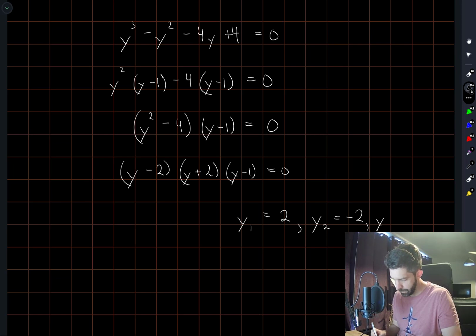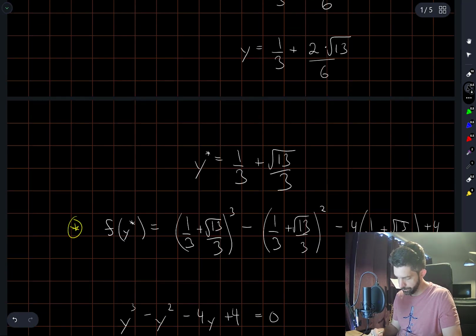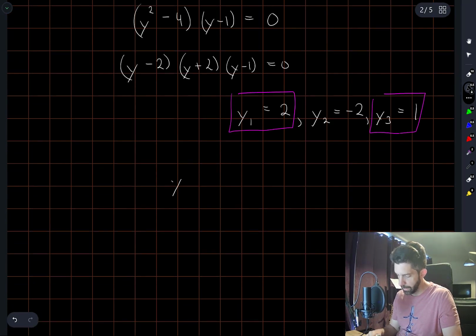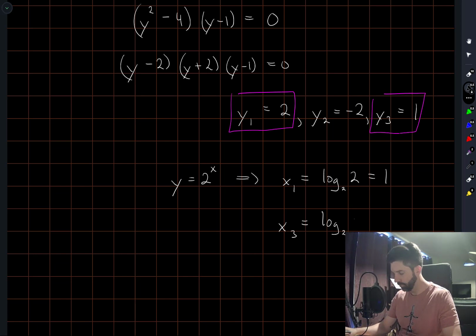The ones I'm concerned with are 2 and 1 because remember that y is equal to 2 to the x. So I have x1 is equal to log base 2 of 2, which is in fact just 1. And I'll call it x3 just so the subscripts on x's and y's match. But this will be log base 2 of 1, which is 0.